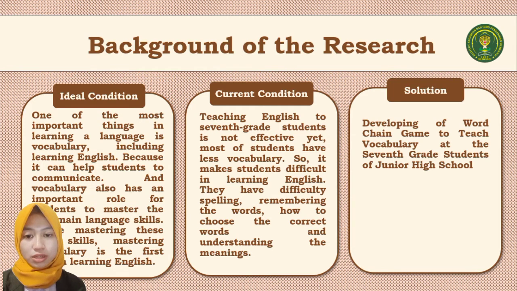Based on those explanations, the researcher has a purpose of developing word chain game to teach vocabulary at the 7th grade students of junior high school. The researcher chose to develop word games because based on Ariyani et al. 2020, word games are great media for students to have interesting activity with words.